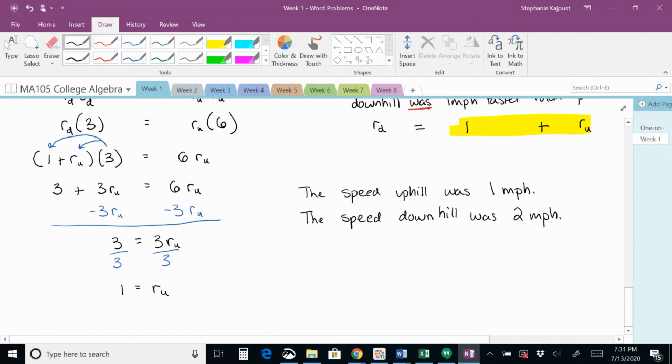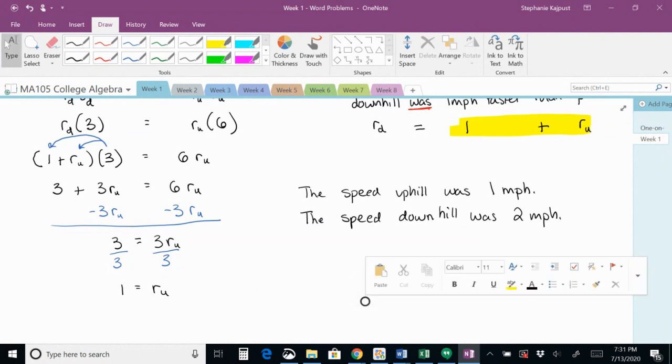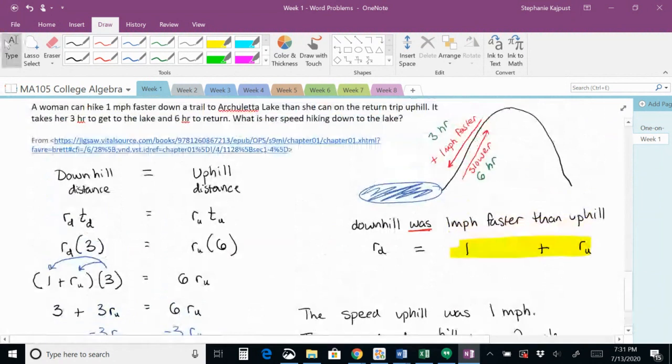It's 1 plus 1, you get 2. And that makes sense. Your speed downhill was twice the speed uphill, and so because you're going twice as fast, the time it took was half, because you cut off half the time. That makes sense there. So that's a way to look at it and say, does this make sense?